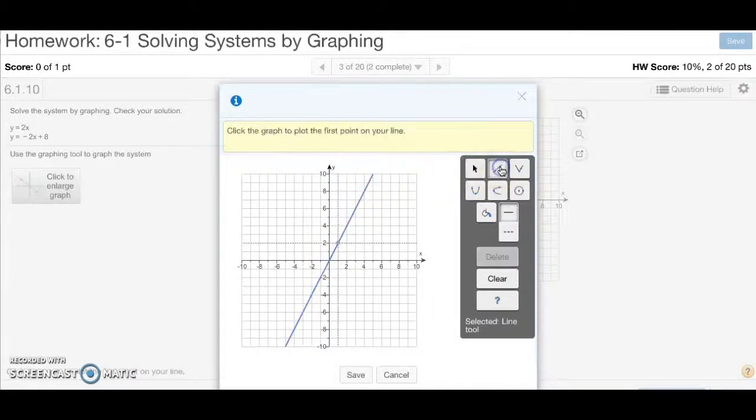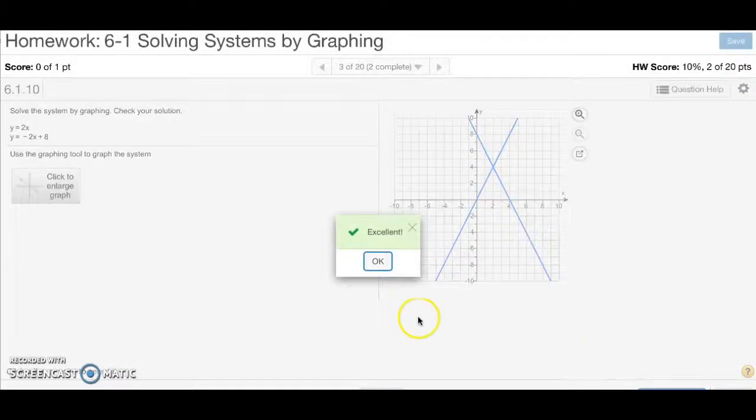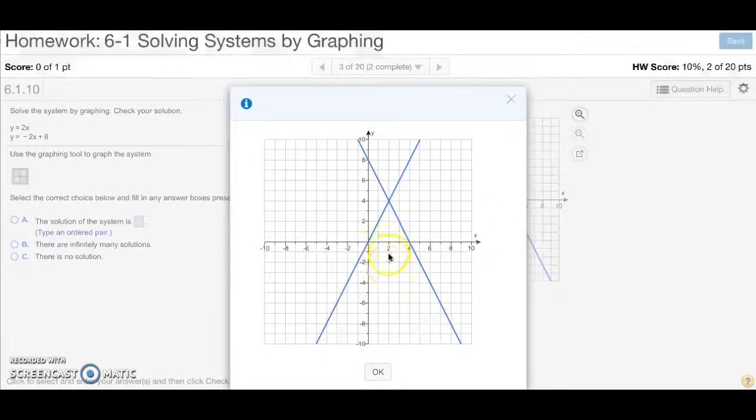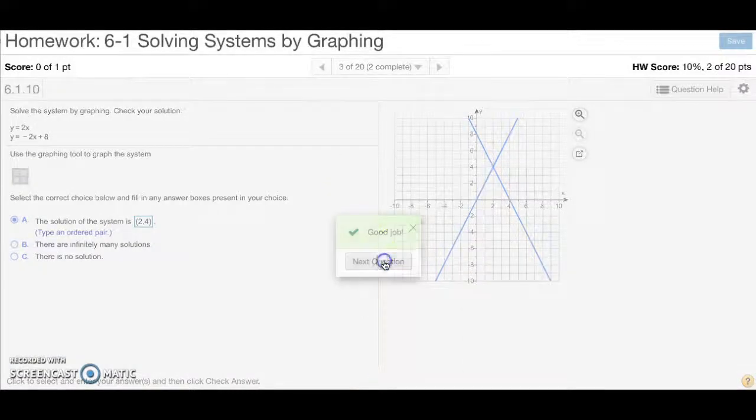For my second equation, I start at the y-intercept, which is 8, and my slope is negative 2, so I go down 2 to the right 1. Press save, check answer, and that is correct. So my solution will be the point where they intersect, which looking at this graph will be 2, 4. So parenthesis 2, comma 4, parenthesis, that will be my answer.